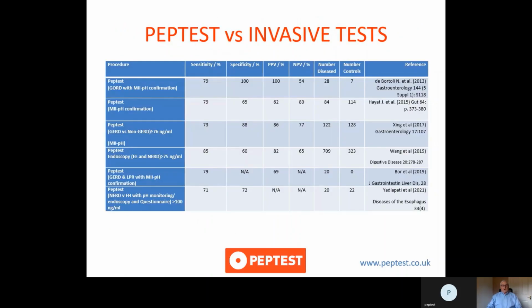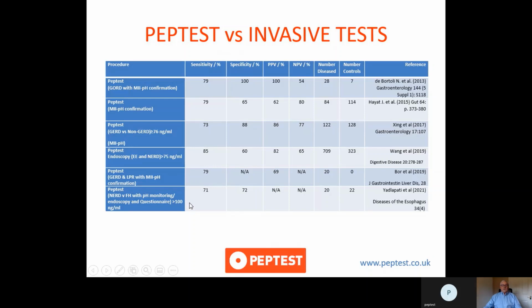Now, we often get asked about PEPTEST versus other invasive tests. The invasive tests in this case are usually the 24-hour pH test, which is quite commonly used in reflux patients, or, maybe more of a gold standard, impedance with pH. I've highlighted some tests where we've compared PEPTEST directly with other invasive tests for sensitivity and specificity.